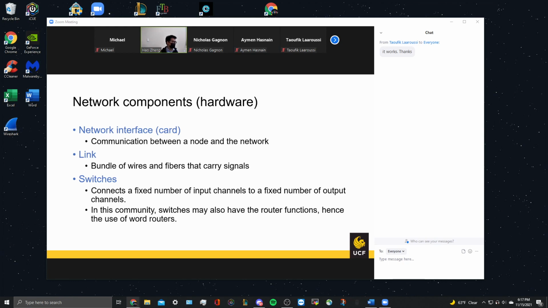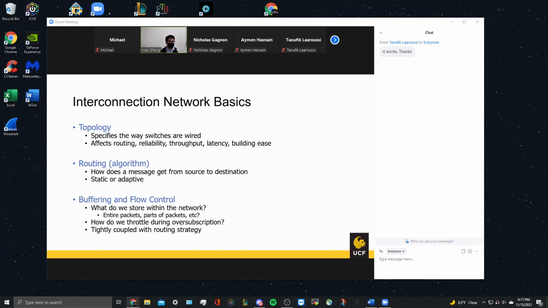Is that clear? Three key components in the network. Basically, the network interface is responsible for receiving and sending messages to the network, right? And the links, switches. And the interconnection network basics, okay, there are multiple things that we need to learn probably in the following lectures.